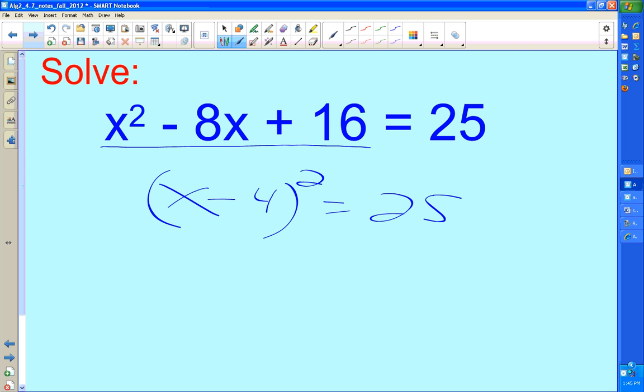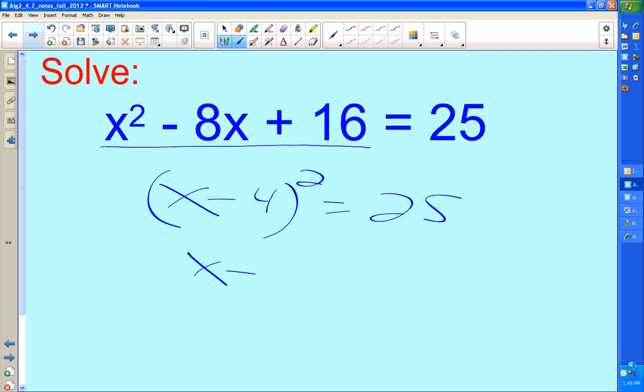So x minus 4 equals 5? Nope. That's just how you factor it. You're responding without thinking it all the way through. If you can recognize this as a PST, that's fantastic. It might make solving easier. How do I solve now? What do I do next? The square root.